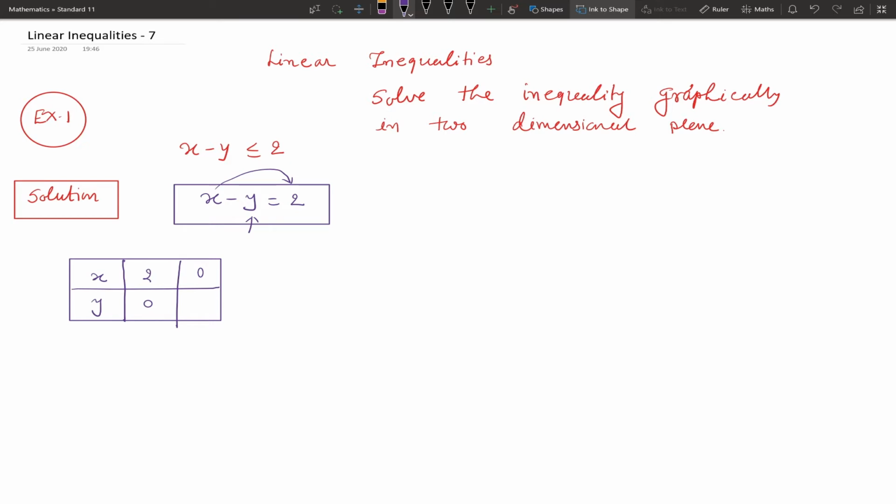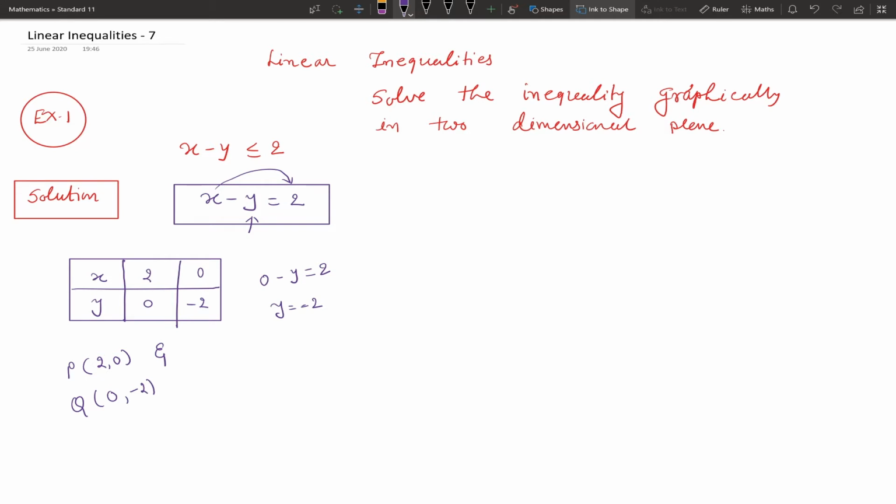So in the equation, if we take x 0, then 0 minus y equal to 2. So y will be minus 2. So P 2, 0 and Q 0, minus 2 are two distinct points of the given line.